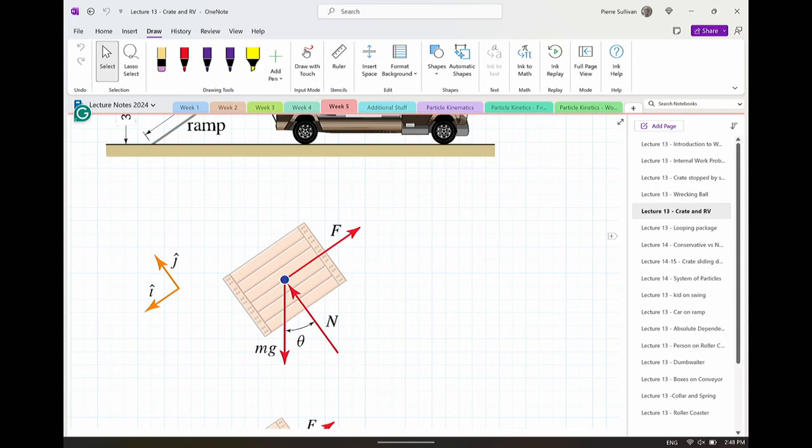I have normal force, which is acting normal to the ramp. And the only thing left is mg, which is acting at an angle theta with respect to my coordinates. And you're going to spend a lot of time, again, rotating coordinate systems. You've done it with r theta. You've done it with nt. You'll keep doing it throughout the course.